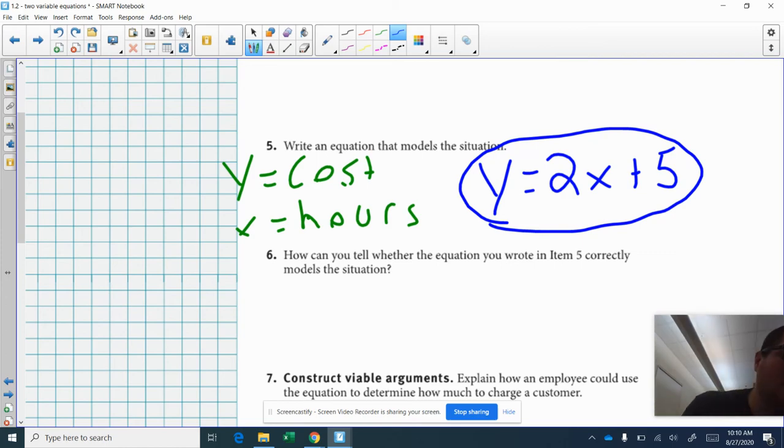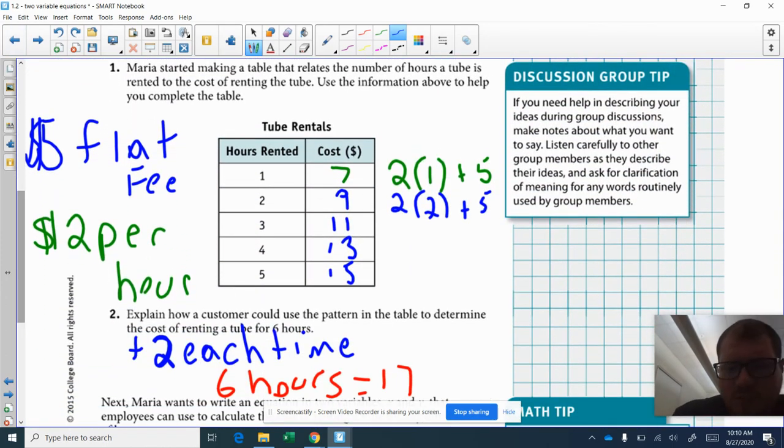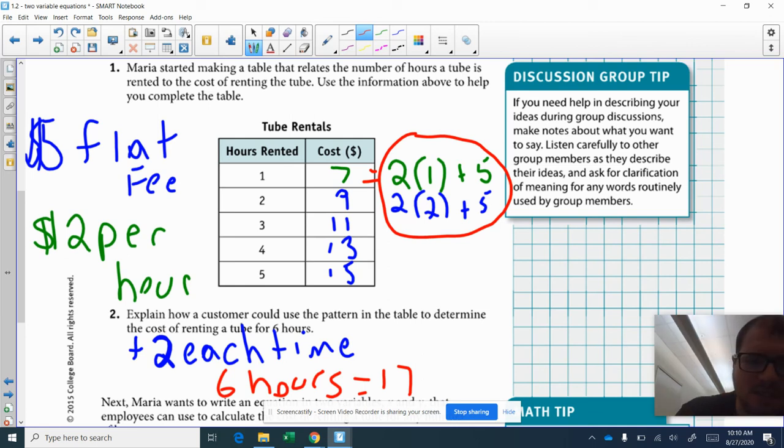Now, the interesting thing about that is if we look at our chart, even though we didn't have variables, we kind of did that over here. Okay, we did that same process right here. Because if you really think about this, this is coming out to be 7 equals our math there. Well, isn't this the same as our y, because that's our cost?